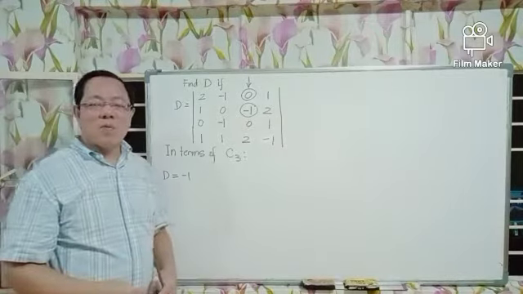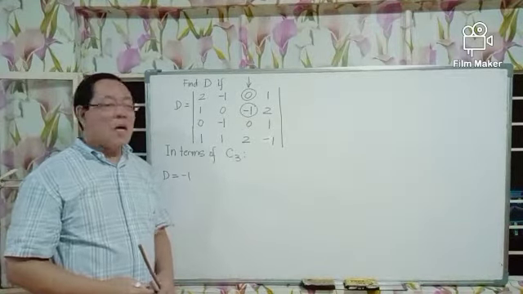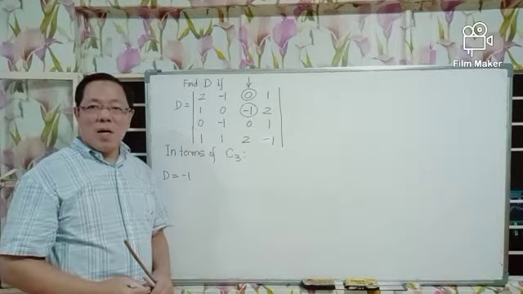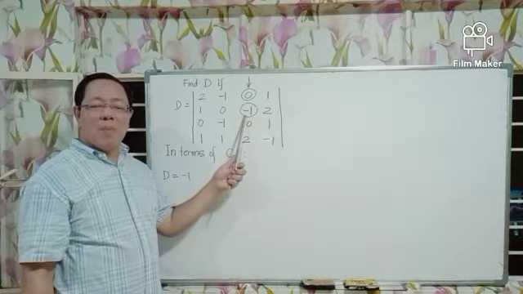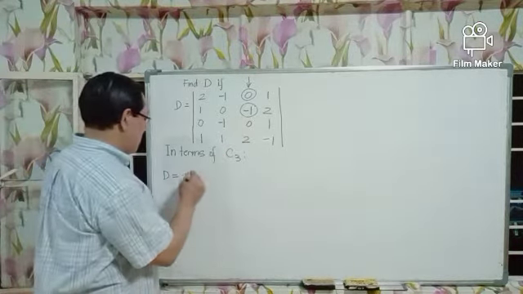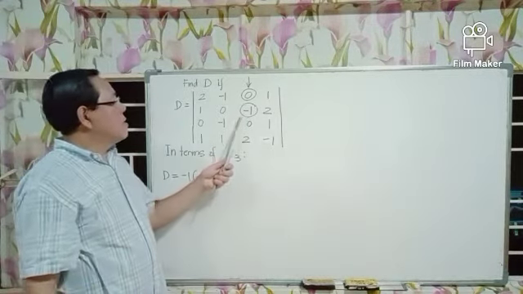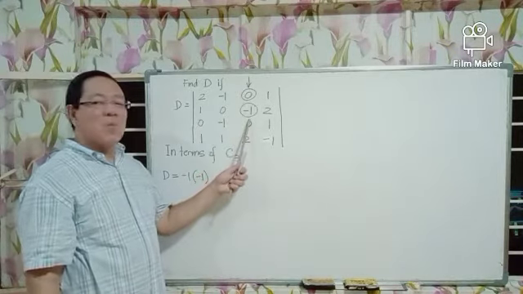And negative 1 we multiply by its cofactor, and the cofactor of negative 1 is given by negative 1 raised to the sum of the row number of negative 1 plus the column number of negative 1. The row number of negative 1 is 2 and the column number of negative 1 is 3.